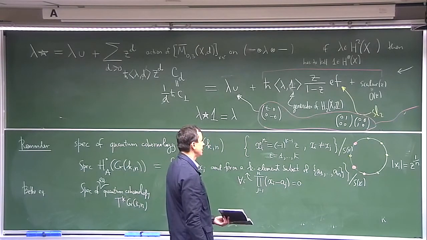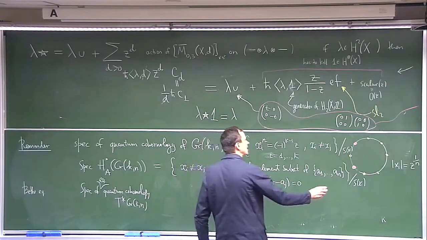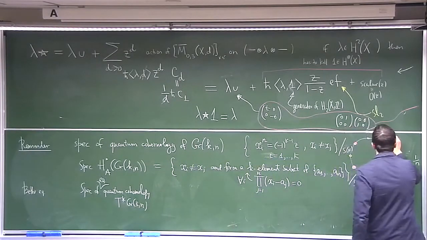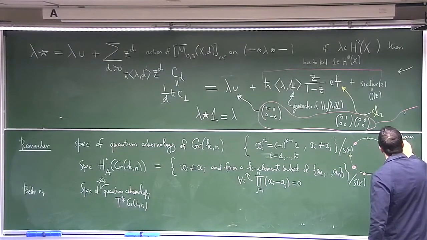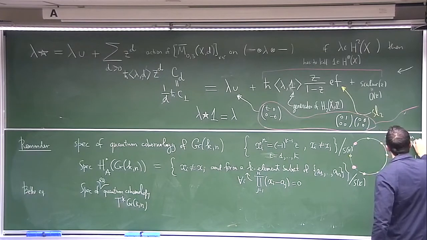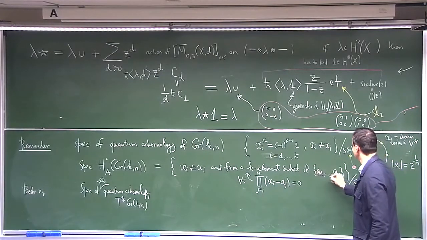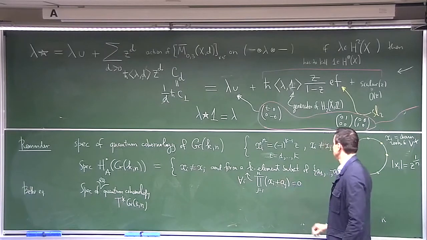Now maybe the x_i's, if the x_i's are the Chern roots of the dual tautological bundle, then that should be minus here. So then we take plus.